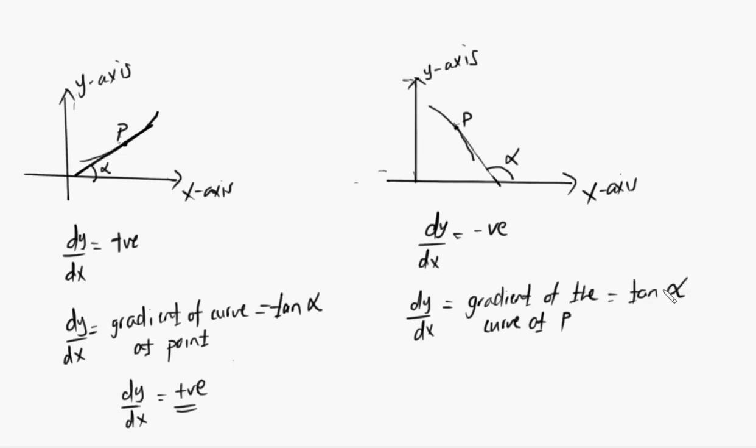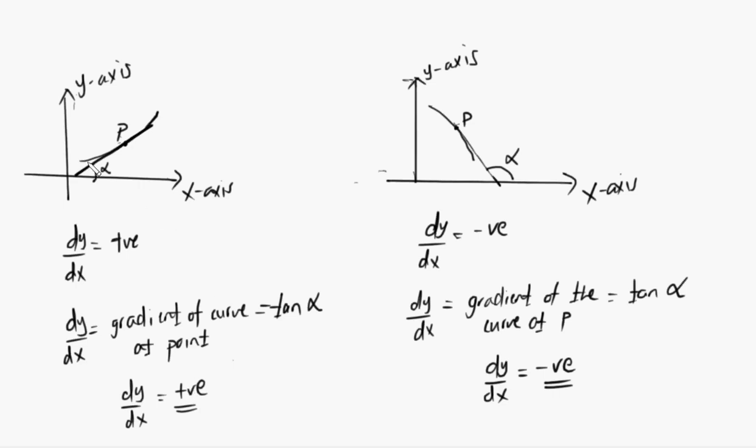But since this angle is obtuse, then our dy/dx is going to be negative. Kwa sababu tan ya obtuse angle ni negative. Jaribu mwenyewe kwa calculator yako. Fanya tan labda ya 130, itakuja jibu negative. Lakini tan ya acute angle ni positive. Fanya tan labda ya 30, utaona jibu linakuja positive.